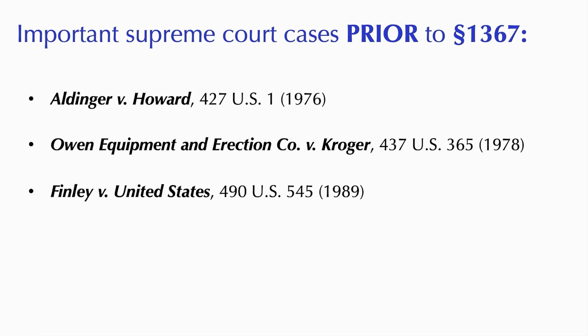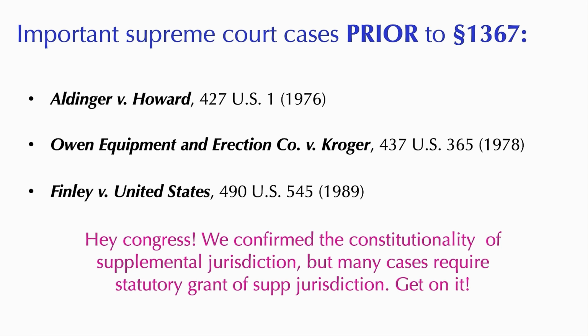These cases specifically also required statutory authority for the federal court to exercise supplemental jurisdiction. So in these cases, the Supreme Court was like, hey, Congress, we confirmed the constitutionality of supplemental jurisdiction, but many cases require statutory grant of jurisdiction. Get on it. By enacting 1367, Congress provided the necessary statutory authority to hear the related piggybacked claims.